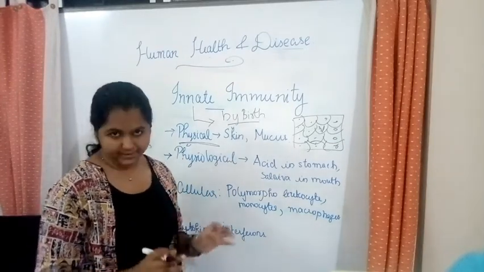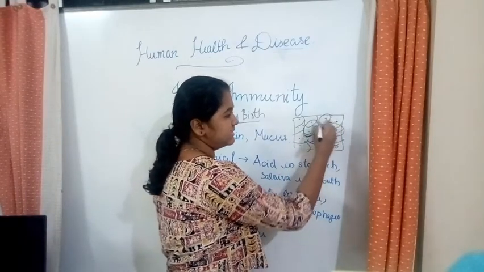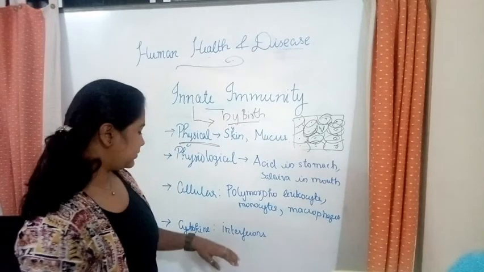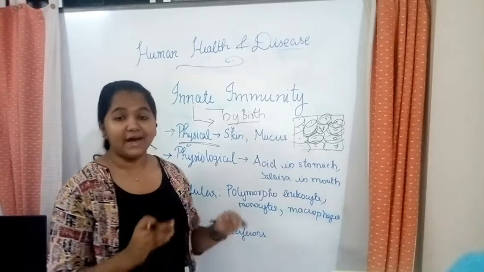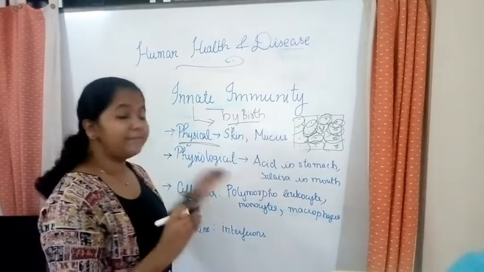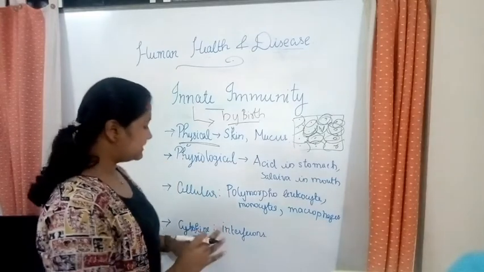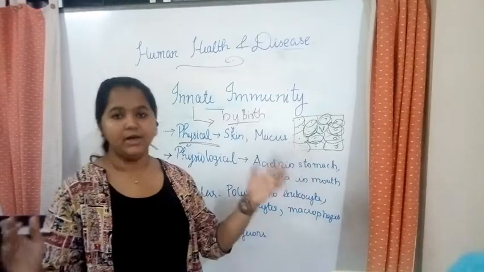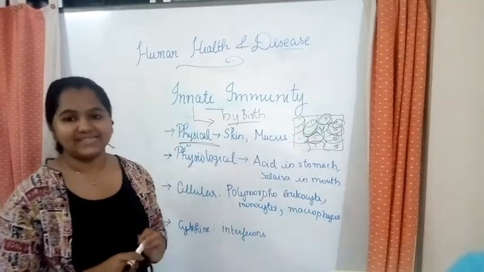That is a chemical which would prevent the other cells from being affected by the virus. So that is what the cytokine barrier is. The cellular barrier kills the microbe or pathogen, whereas the cytokine barrier doesn't kill it, but it protects the other cells so that it doesn't spread. So this is about innate immunity.